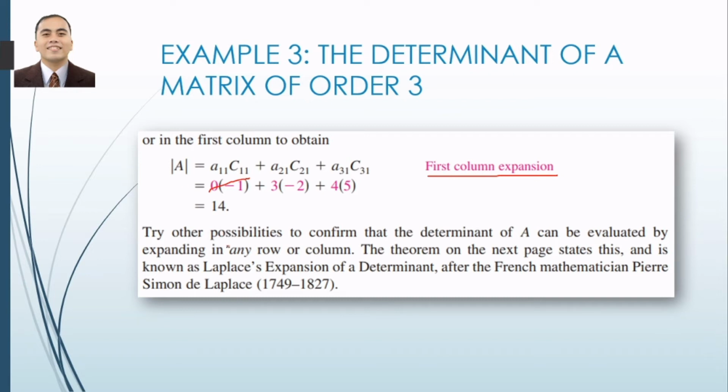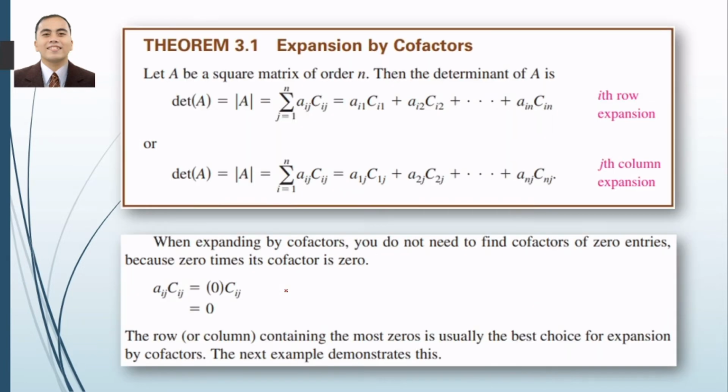So try other possibilities to confirm that the determinant of A can be evaluated by expanding along any row or column. The theorem on the next slide states this and is known as the Laplace expansion of a determinant, after the French mathematician Pierre-Simon de Laplace, 1749 to 1827. So theorem 3.1, expansion by cofactors. Let A be a square matrix of order n.